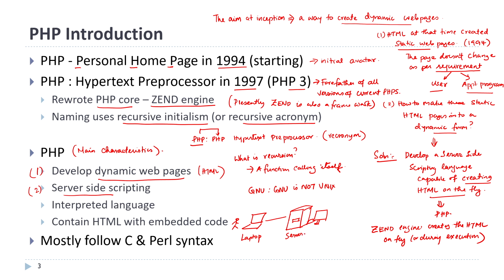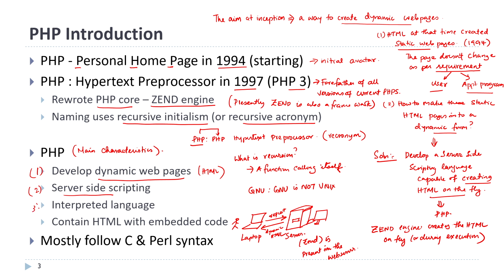The server side scripting means the Zend engine of PHP is present in the web server, which is a server side application. So, when the user accesses a particular web page, the web server uses the Zend engine to dynamically create the HTML and sends it back. So, the request comes in this way and the dynamic HTML goes back.